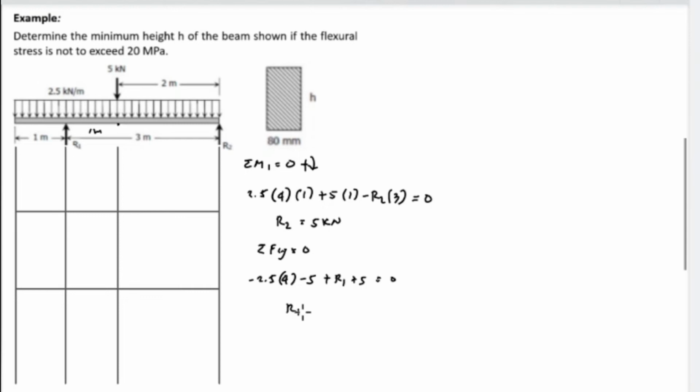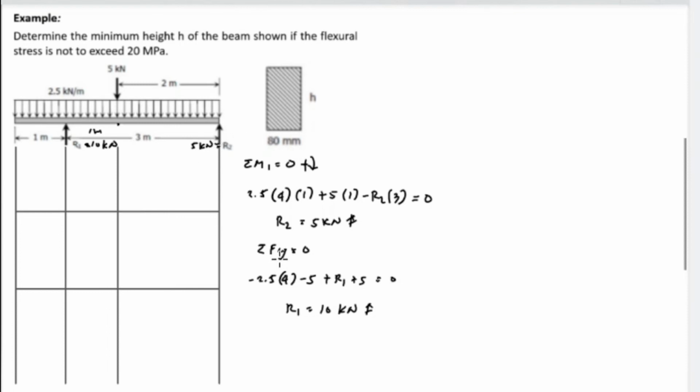So therefore R sub 1 is negative 2.5 times 4 is negative 10, minus 5 is negative 15, plus 5 or negative 10. So R1 is equal to 10 kilonewton, and the direction is upward, same as R2. So R1 is 10 kilonewton, and R2 is 5 kilonewton.